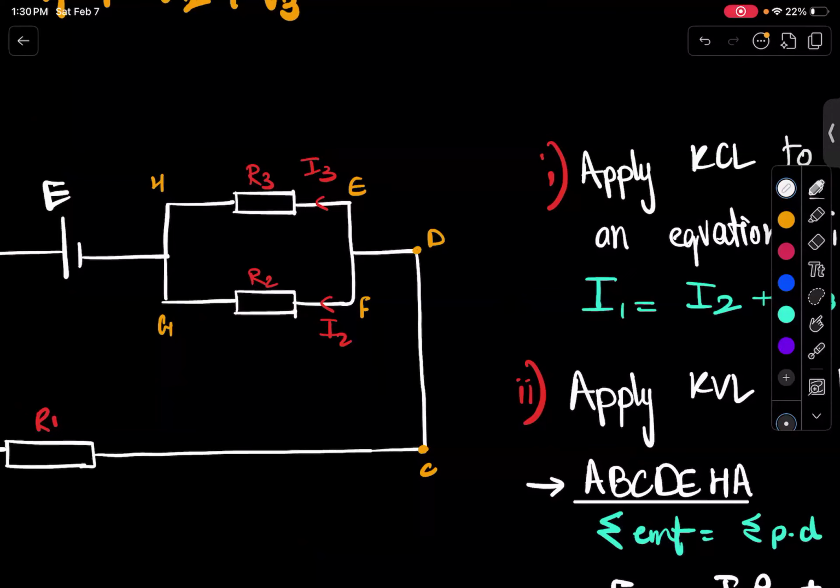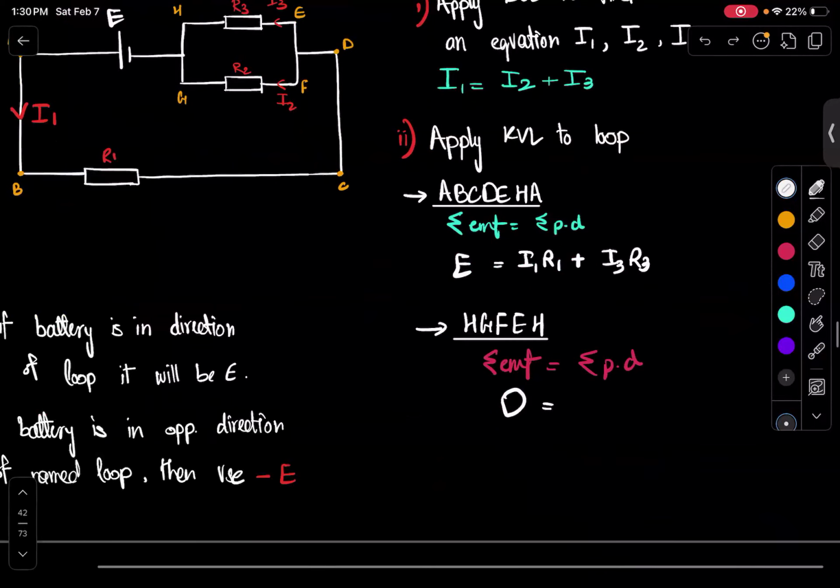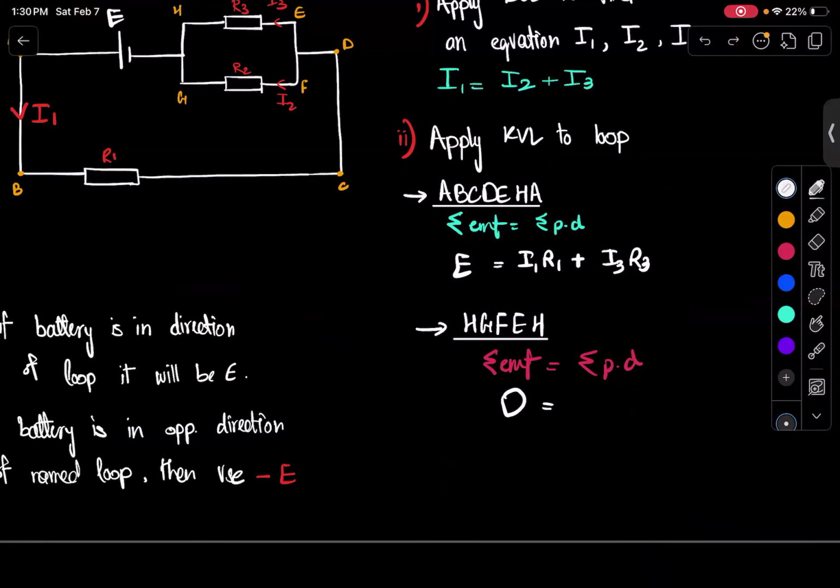But notice something, this is important. Write this down. Notice that the loop is actually in the opposite direction of the current. So that means when you write I2 R2, you are going to attach a negative sign to it. So rather than writing I2 R2 as a potential drop, I'm going to write negative I2 R2.